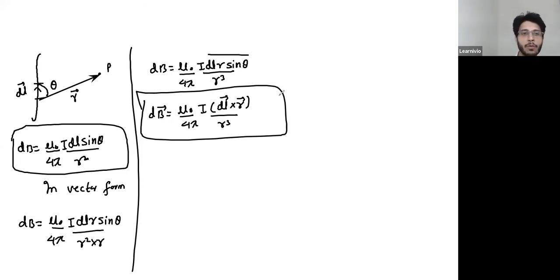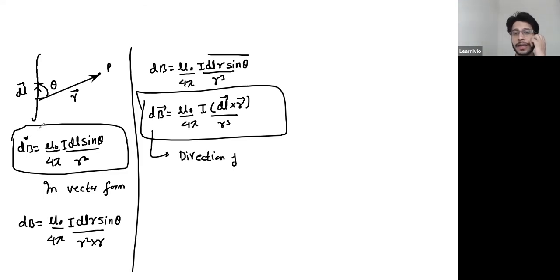Now, the advantage of using this vector form is that from it you can calculate the direction of the magnetic field. See, dB is a magnetic field, so the magnetic field is a vector.